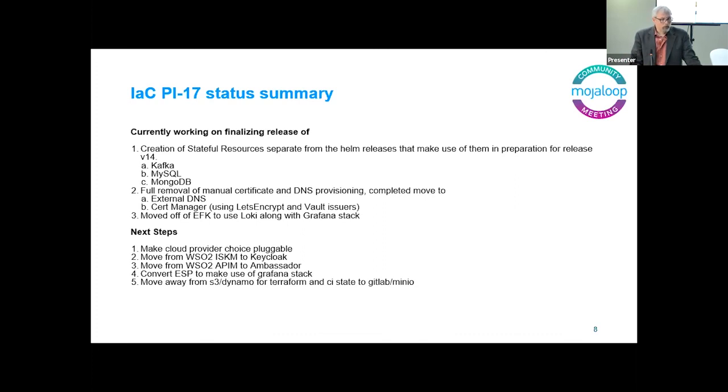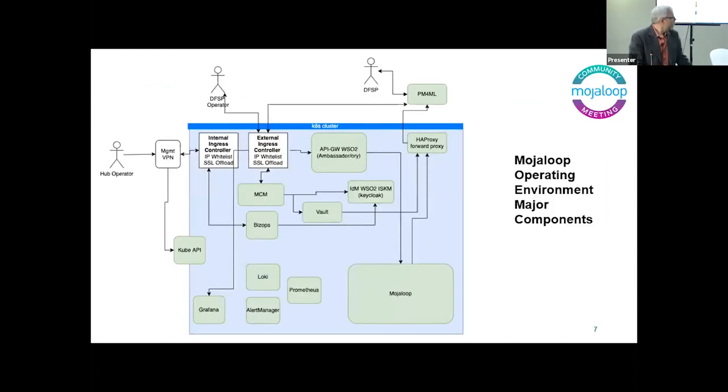With the work that we've done in the move of the functionality of the ingress controller to manage the SSL offloading and IP whitelisting, we have done most of the work for setting us up for removing WSO2 API Manager.